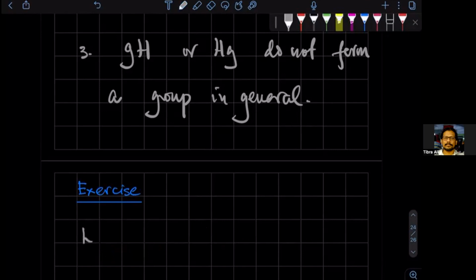Okay, Lagrange's theorem. What does it say?